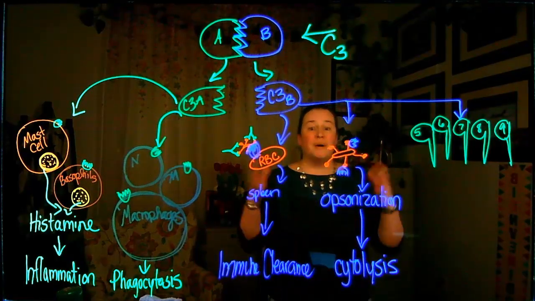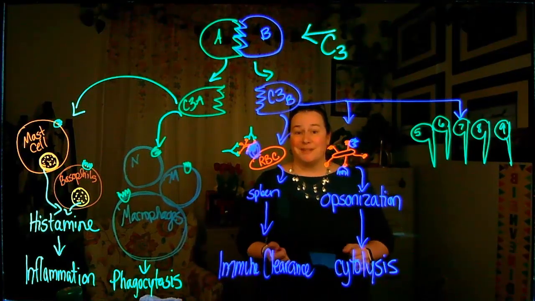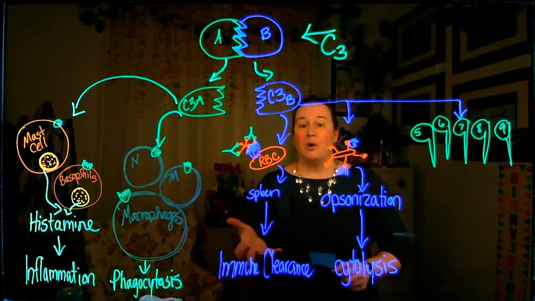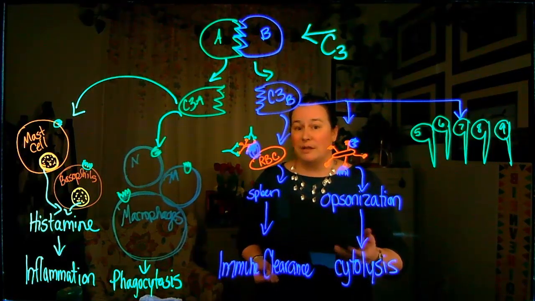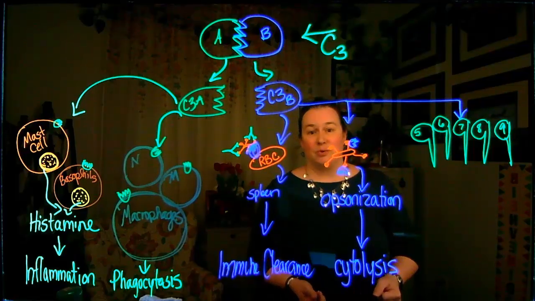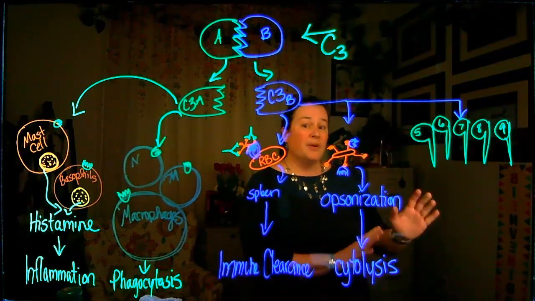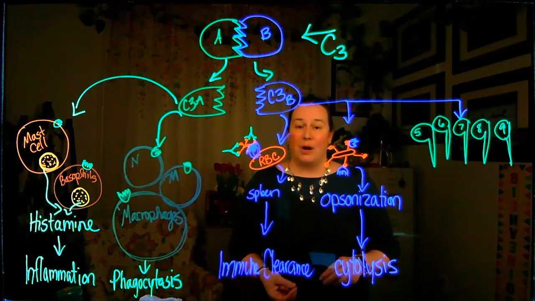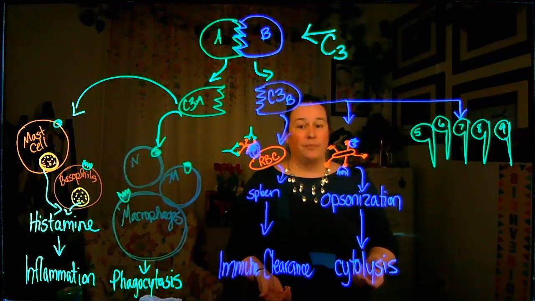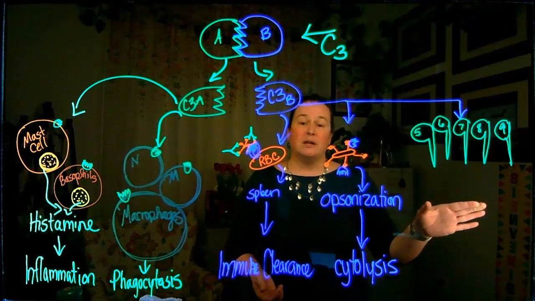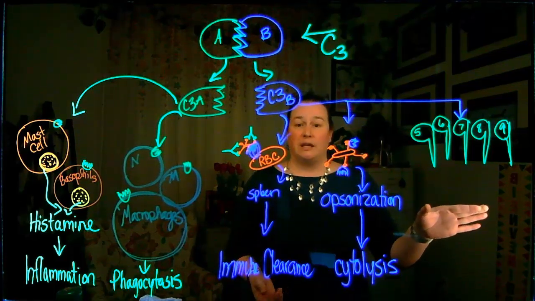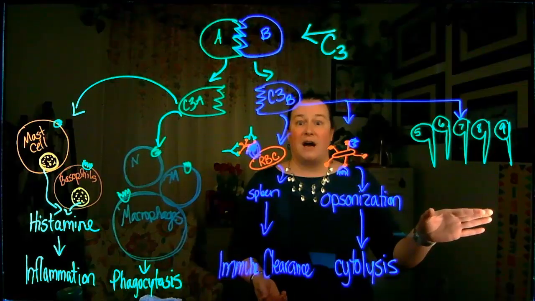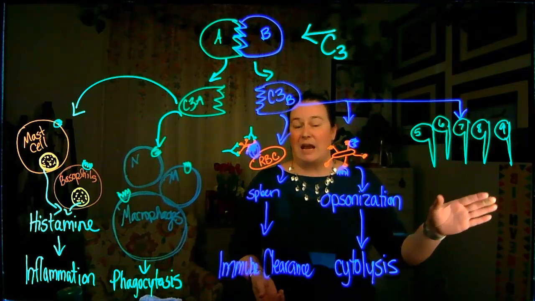But complement C3b is not done. Not only does it promote immune clearance, not only does it support cytolysis through the action of opsonization, but there are other complement molecules that can further help attack a membrane of a pathogenic cell. So you'll see now noted a series of railroad spike looking structures. They are C5, C6, C7, C8, and C9.